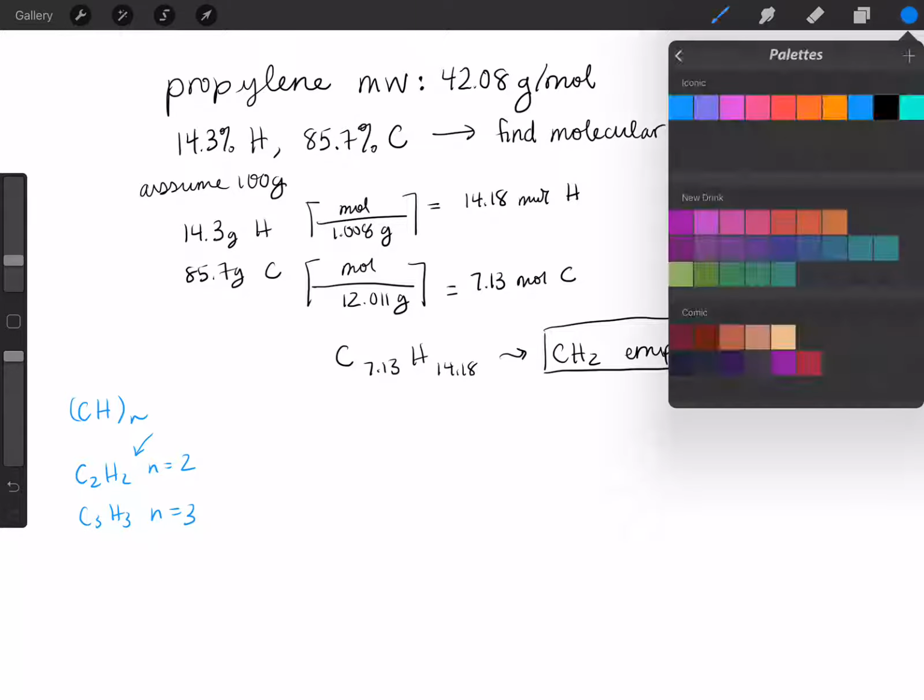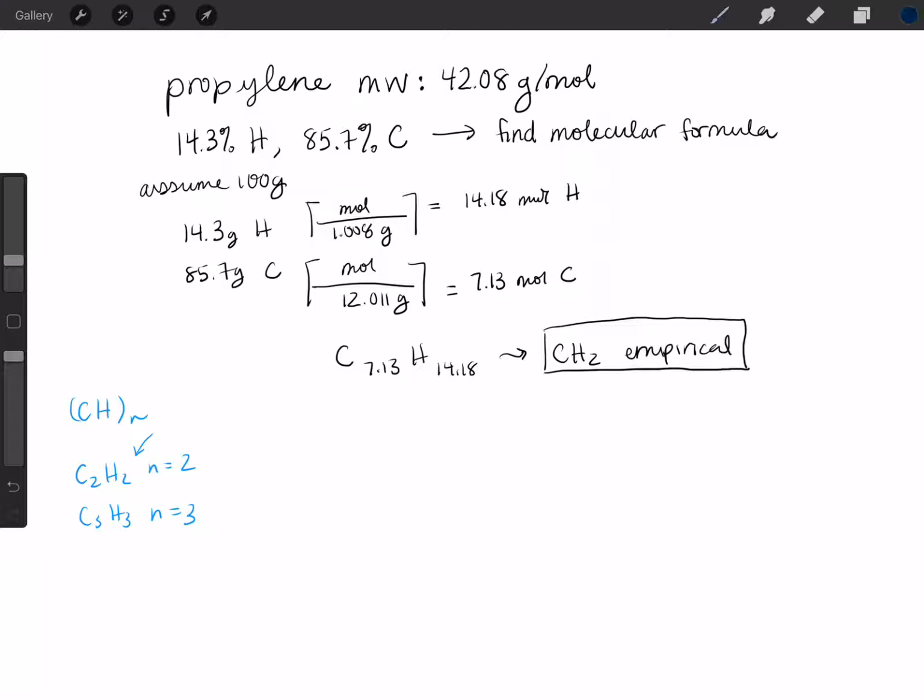So let's go back to what N means. N is equal to the molar mass of my total compound over the empirical formula molar mass. So this gives us how many empirical formula units there are in my molecular formula.